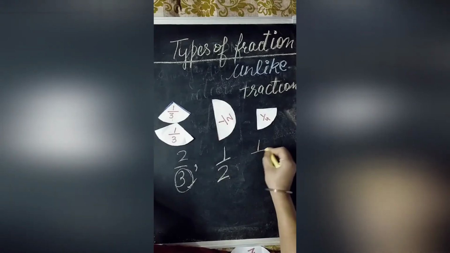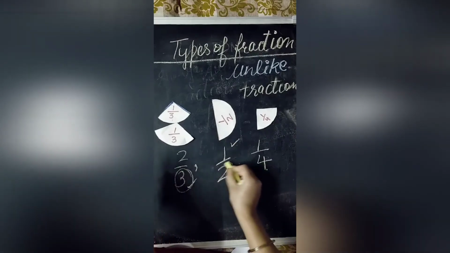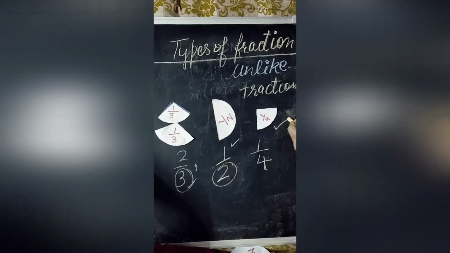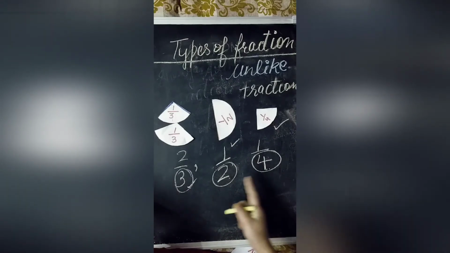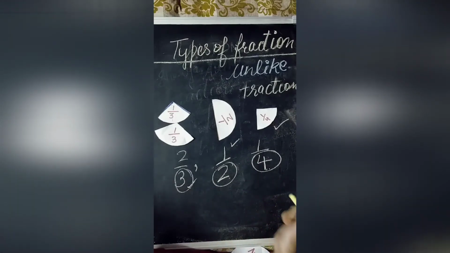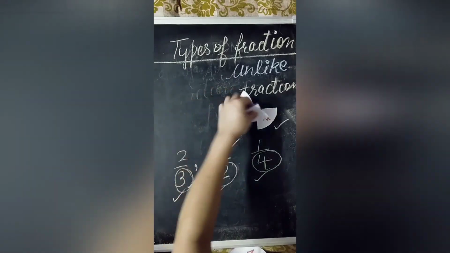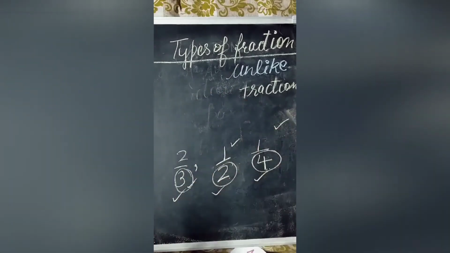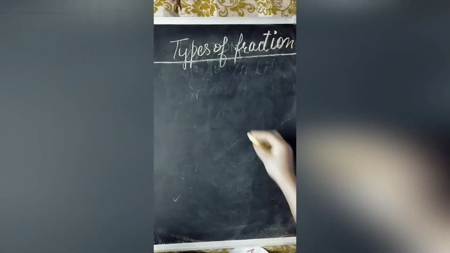This is 1/4. So here the piece size is half. We have done 2 parts. Here the piece size is 1/4. We have done 4 parts of the full chocolate, as the denominator shows how many parts of a chocolate or a pizza we have done. So they all have different piece sizes. These type of fractions are called unlike fractions.